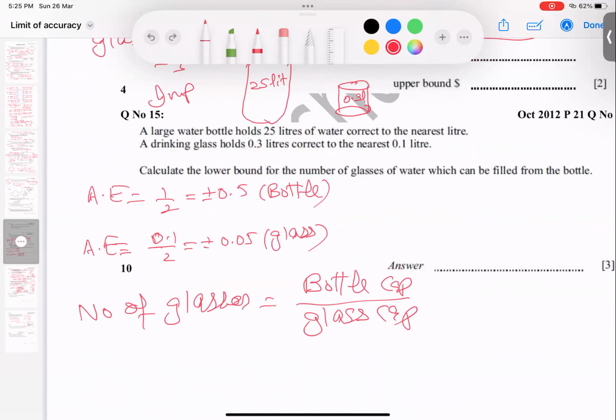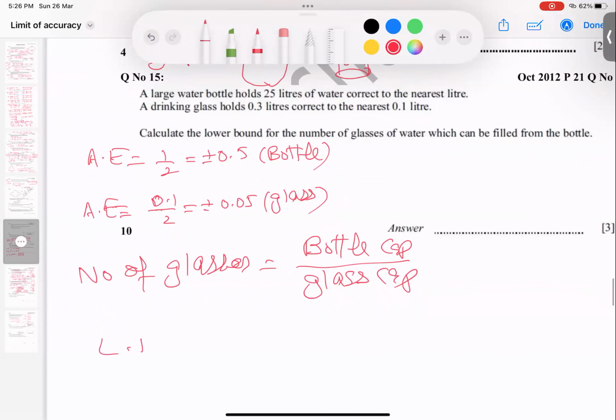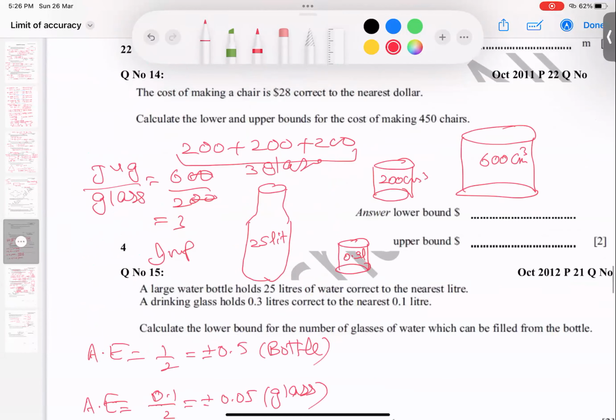So I think you believe in this formula. Now, because this is a dividing criteria formula, I'm looking for a lower bound of the number of glasses. I repeat, I need the lesser number of glasses. So student, it is a very clear approach.